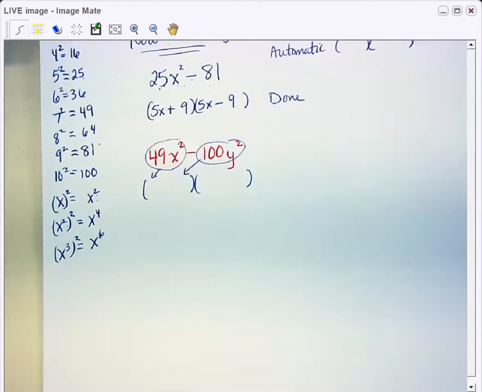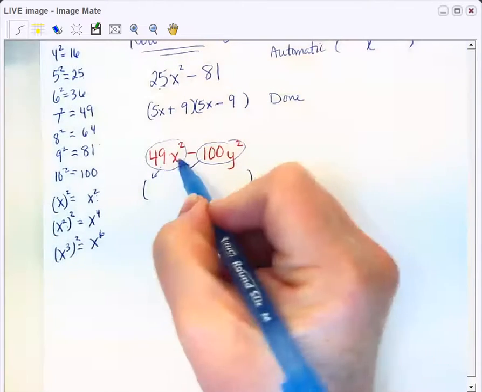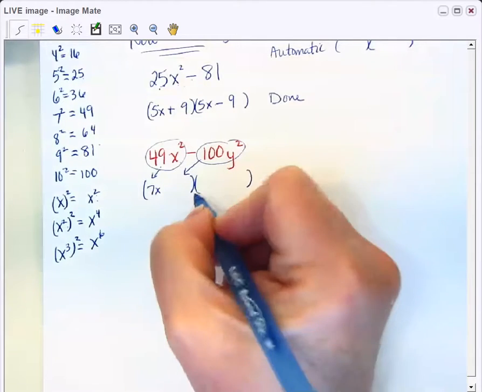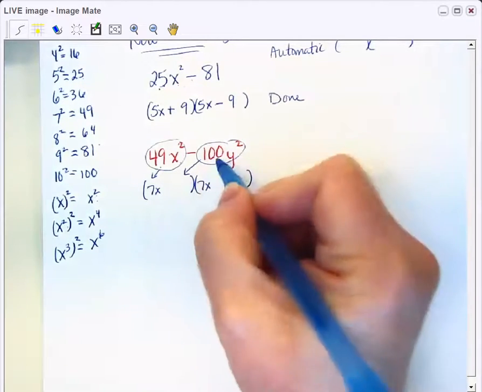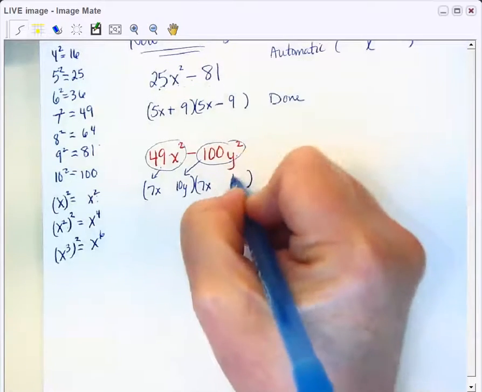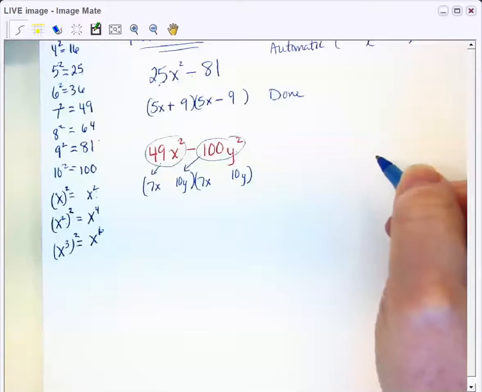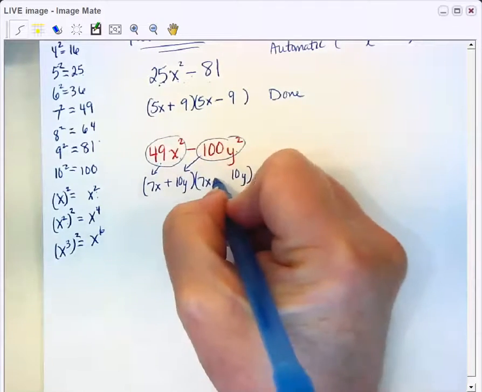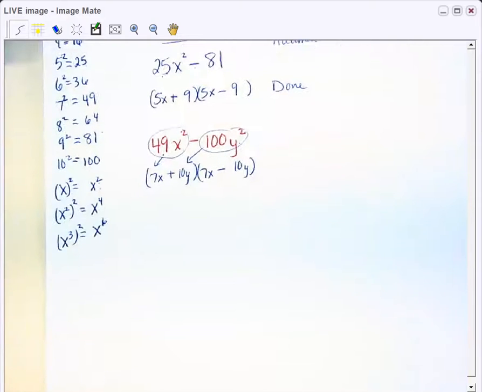Awesome. So the square root of 49x squared would be 7x. So 7x and 7x. And then the square root of 100y squared would be 10y, because 10 times 10 is 100. And then we have a plus and a minus, or a minus and a plus, either way, and you're done.